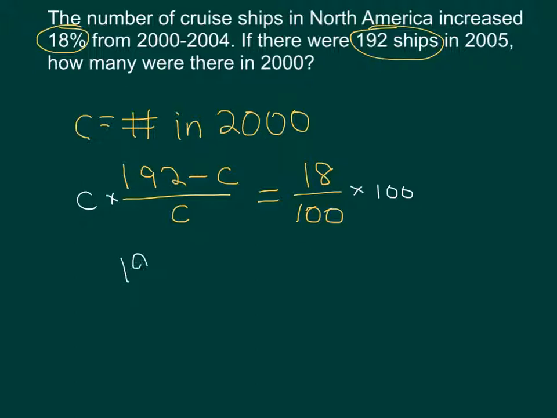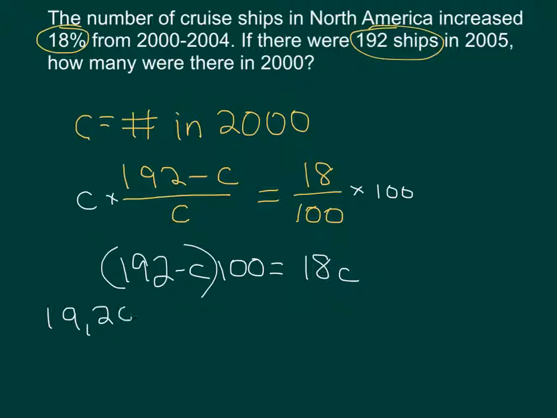So we have 192 minus C times 100 equals 18C. If we distribute the 100, we get 19,200 minus 100C equals 18C.